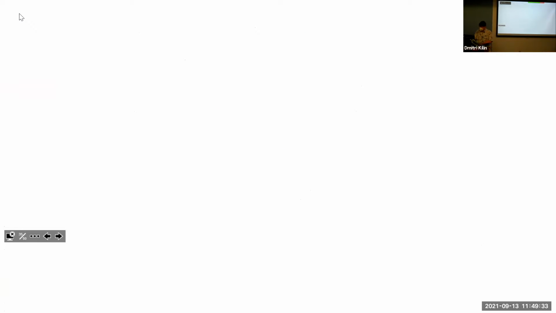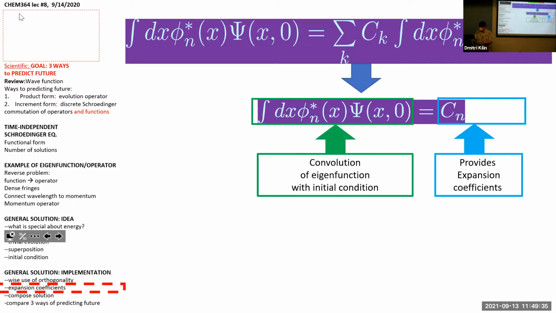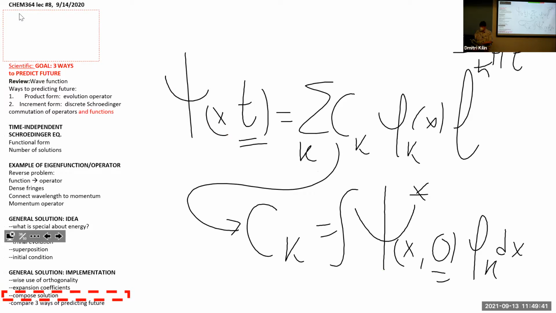So then we have the expansion coefficient as a convolution of eigenfunction and initial condition. And then we can plug this expansion coefficient into our general solution and obtain the particular solution, which will be the future for any time.